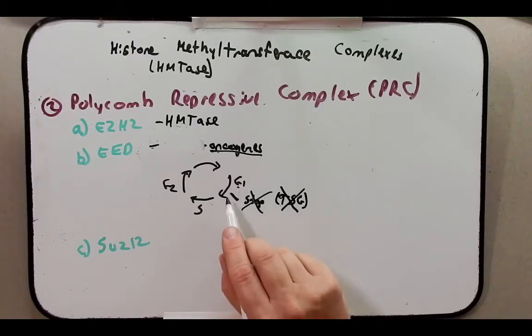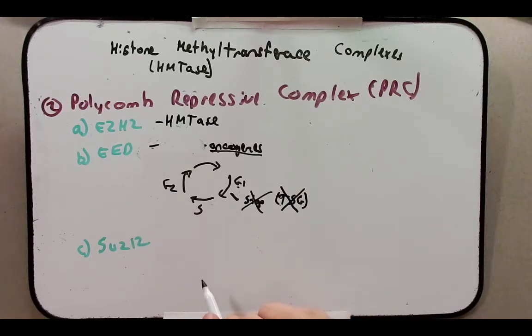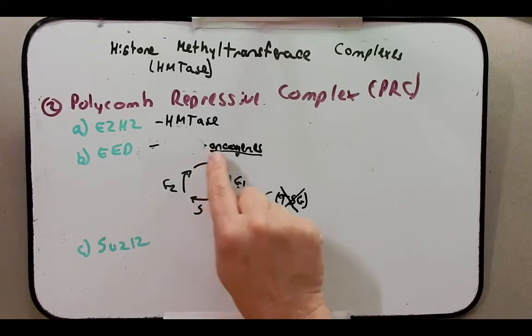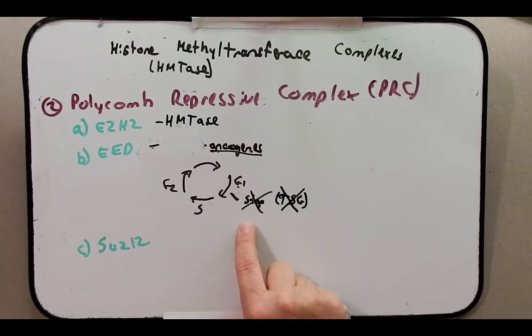So if there is a mutation that needs to be fixed or repaired, it's unable to do that. So again, EED is normally a proto-oncogene that provides an ability to get past this stop when it's time to get past this stop by turning off the tumor suppressor gene. It can be converted to an oncogene by various mechanisms, and when that happens, we blow by this stop even if there are mutations, which can lead to cancer.